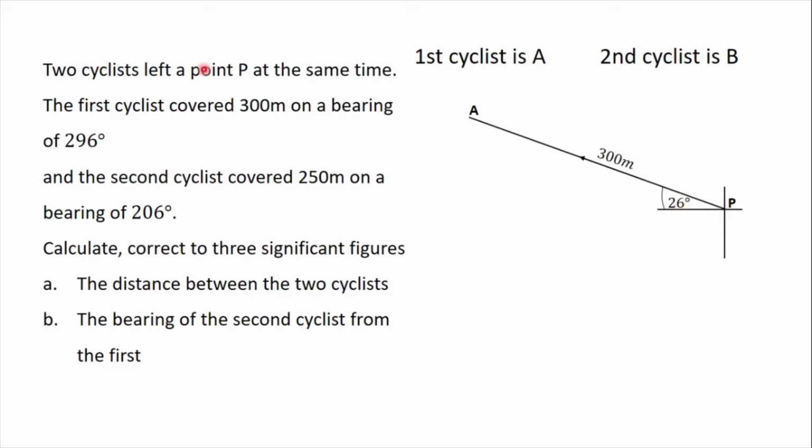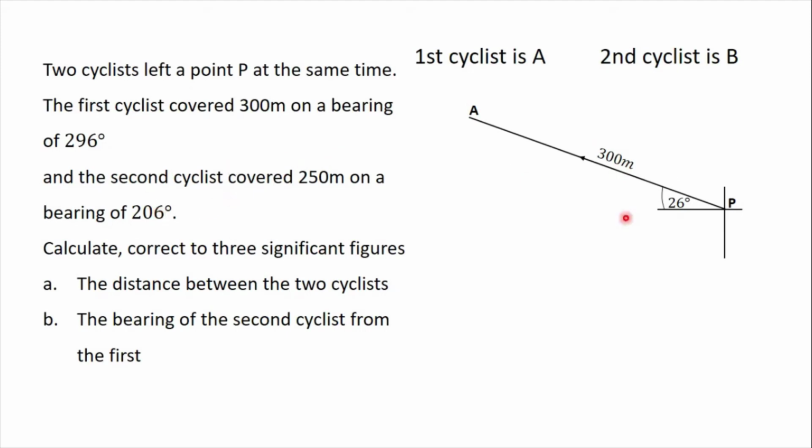So this is the bearing of the first cyclist, which I'm going to call A. So I'm calling the starting point here point P. That's what the question told us. So the ending point, I'm calling it point A because that is where the cyclist is. The distance between the starting point and where the first cyclist is, which is A, is 300 meters. So you indicate it there.